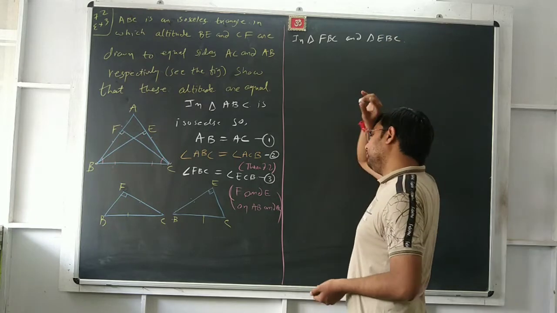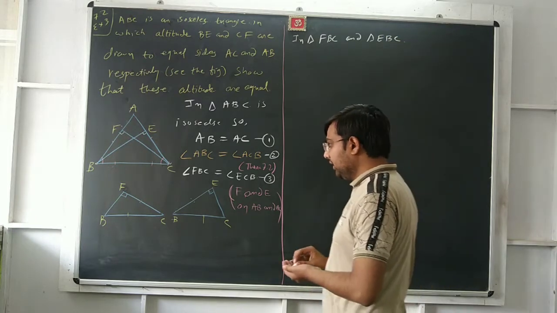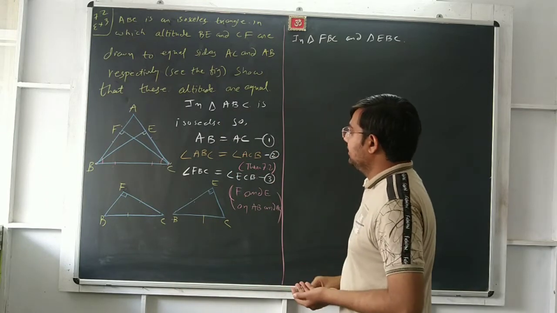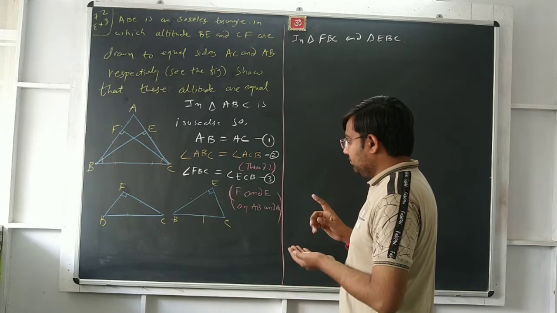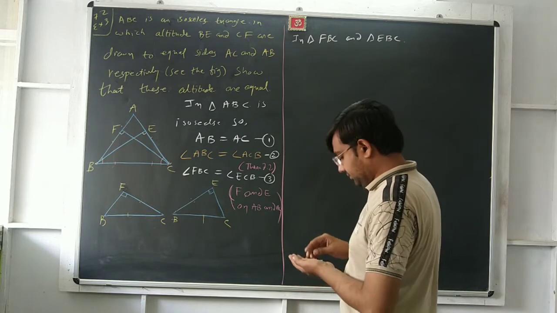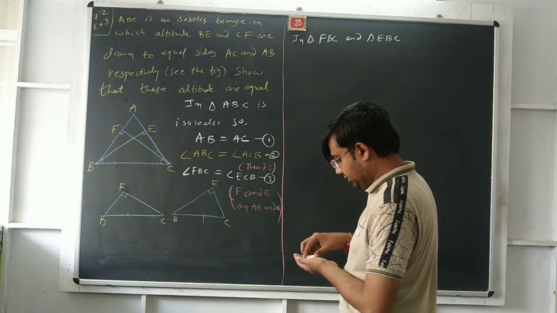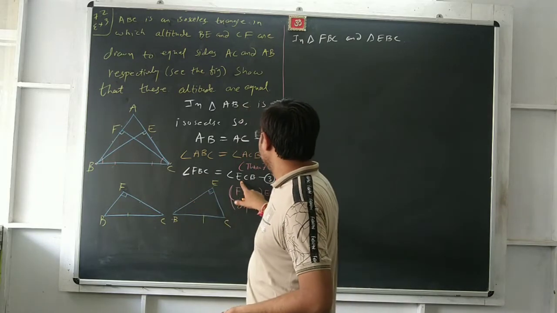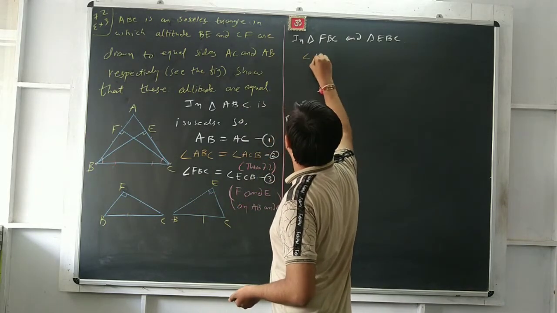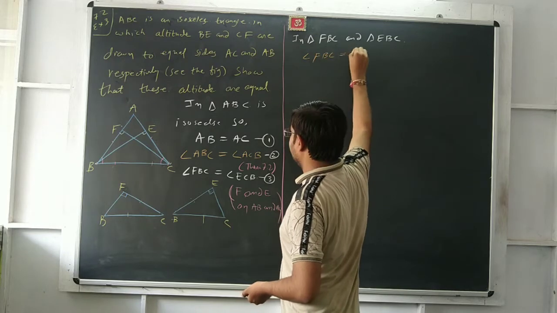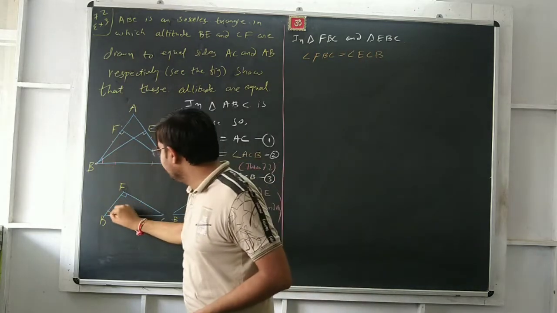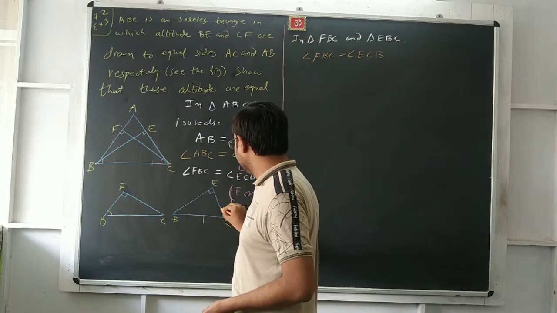In these triangles, first of all, I can write angle FBC is equal to angle ECB.